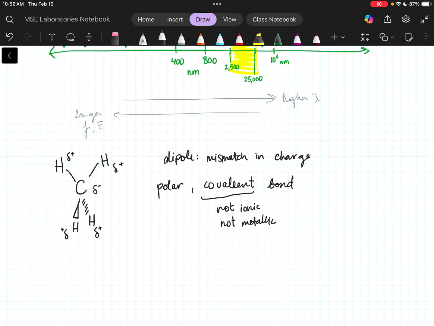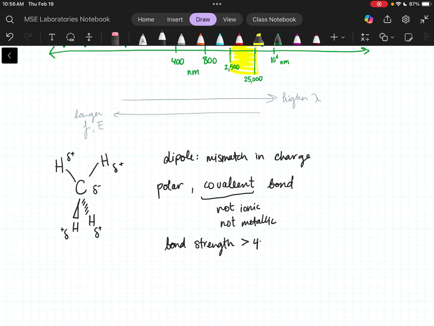Covalent, specifically not ionic, not metallic, which means this typically is going to work best for polymers or organic materials because they have the lion's share of covalent bonds. But there are still plenty of metals and coatings and things that also have covalent bonds, so it's not exclusive to organics.